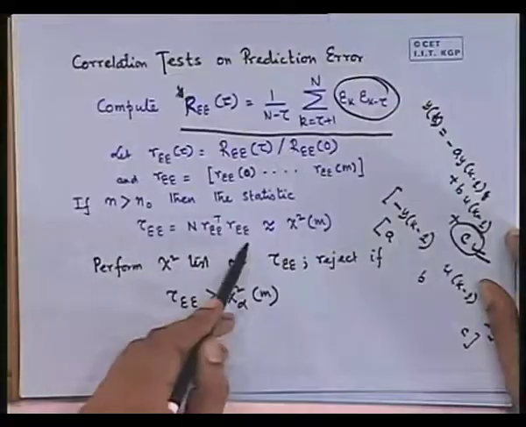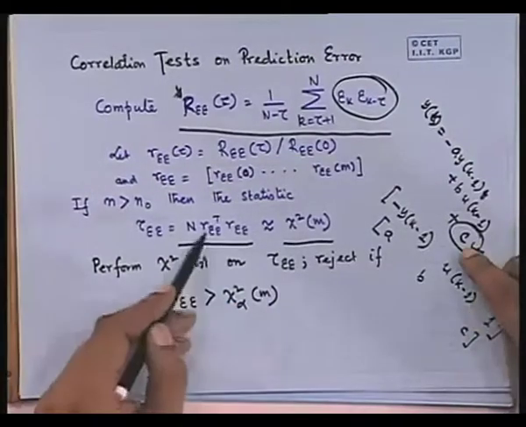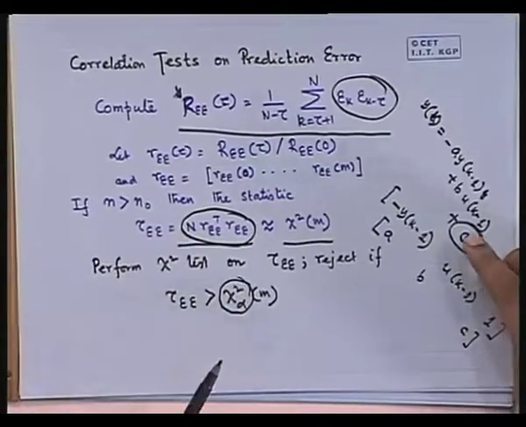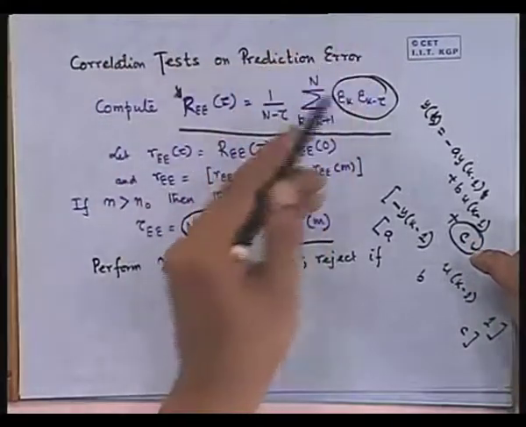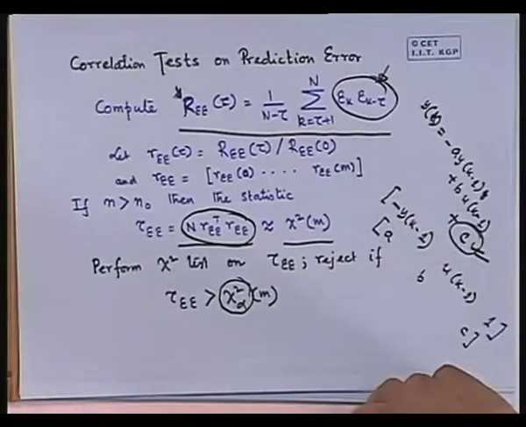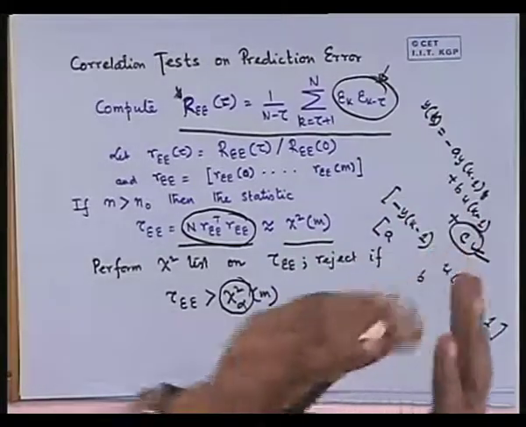So again, you have to form a statistic and then check whether this quantity is chi-square distributed, because you are checking for correlation, which is like a product of variables. So again the distribution is going to be chi-square. So you see the same kind of test. What are the steps?